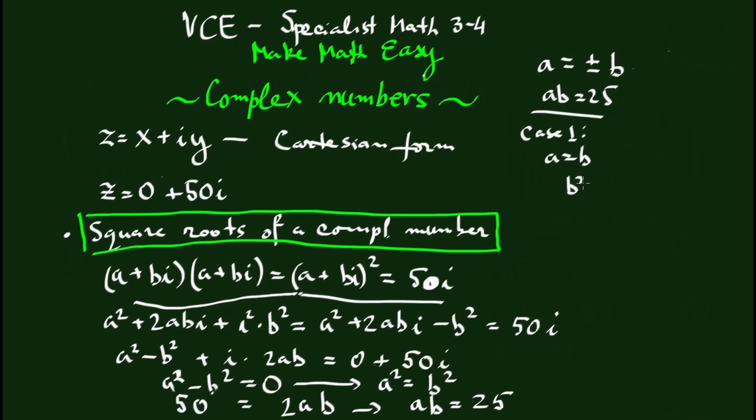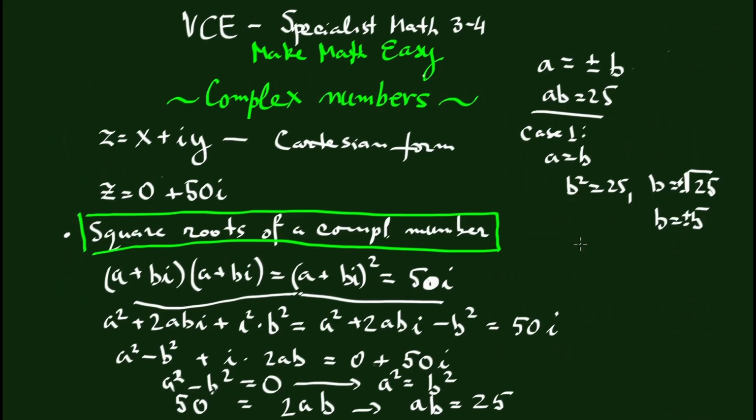Therefore, b squared equals 25, therefore b equals plus minus the square root of 25, so it's 5.